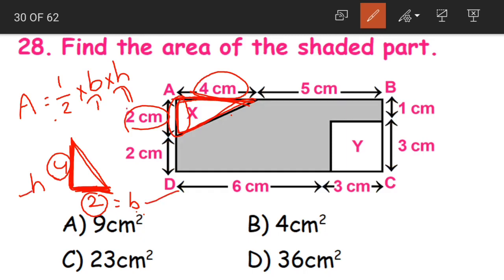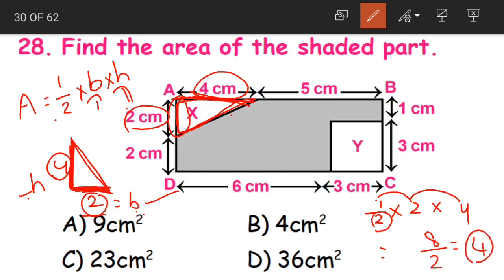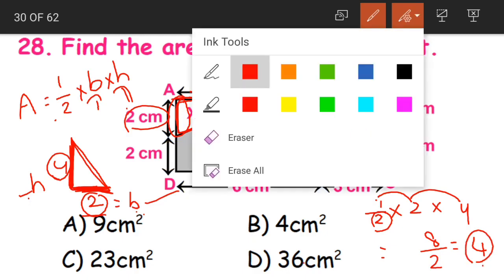Now what will be the area of triangle? 1 by 2 into base is 2, height is 4. So 1 into 2, 2, 2 fours are 8, 8 divided by 2, that is equal to 4 centimeters. Area of triangle is 4 centimeters square and area of the entire figure was 36.